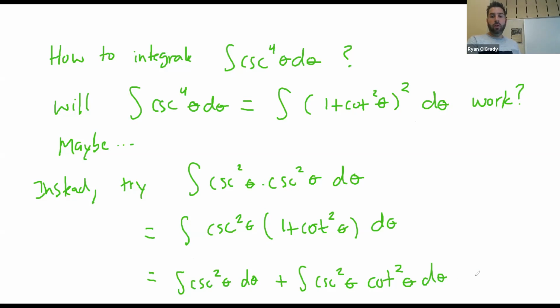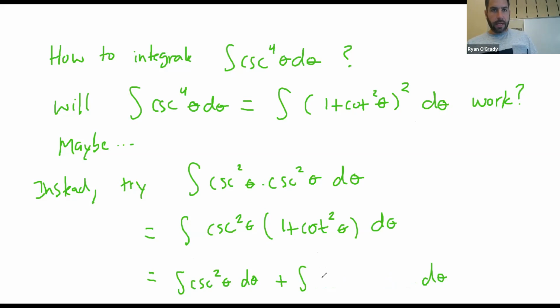And so before I do that, let me rewrite this down here. What I'm going to do is switch these two creatures. Instead of writing it this way, I'm going to do it like this. So this is cosecant squared times cotangent squared. Watch how I write this. I'm going to write it in a cute way just because it's going to be more useful for me.